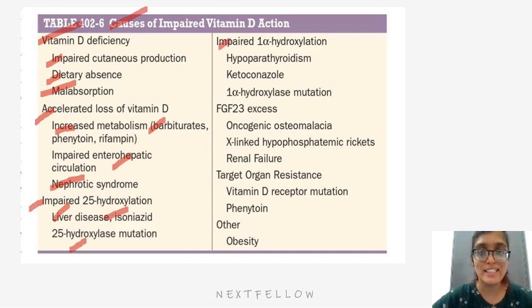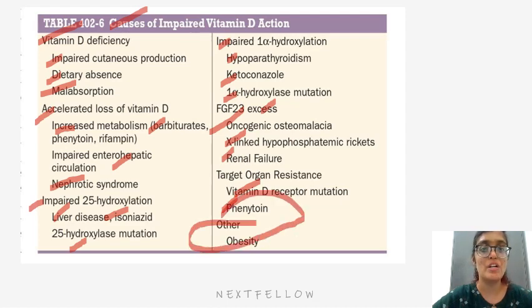Impaired 1-alpha hydroxylation is hypoparathyroidism, ketoconazole, and 1-alpha hydroxylase mutation. FGF, that is fibroblast growth factor 23 excess, that is oncogenic osteomalacia, X-linked hypophosphatemic rickets, renal failure. Target organ resistance like vitamin D receptor mutation and phenytoin. Others is obesity. So all these are causes of impaired vitamin D action.